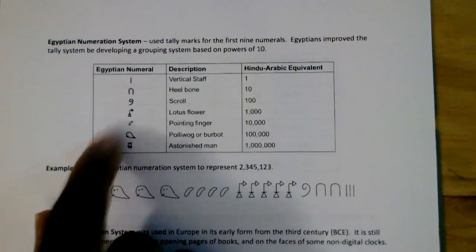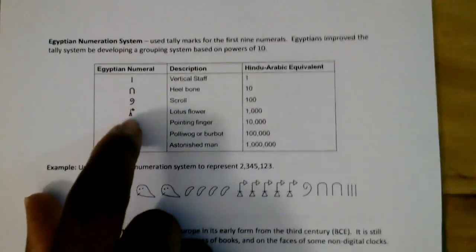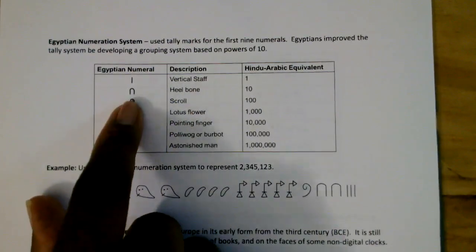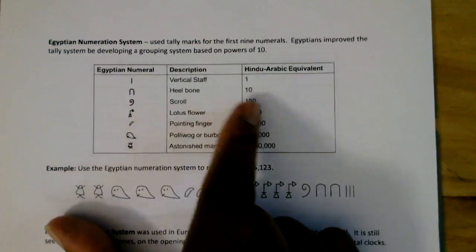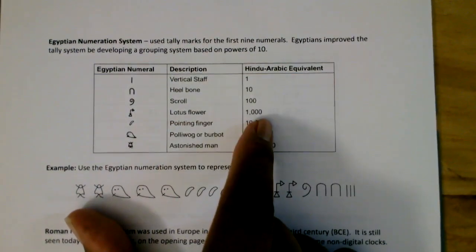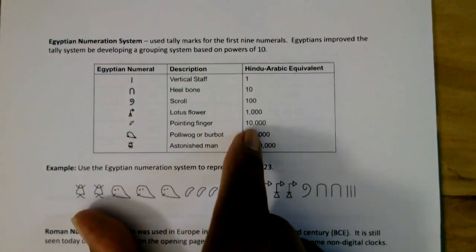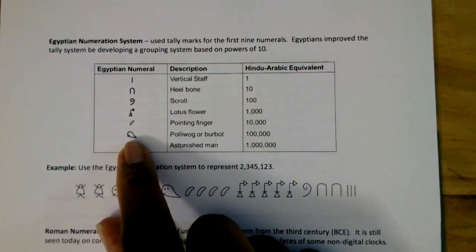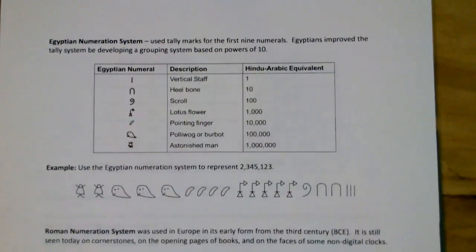The vertical staff represents the 1, and then you have the heel bone that represents the number 10. The scroll represents 100. The lotus flower represents 1,000. The pointing finger represents 10,000. The polliwog or the burbot represents 100,000, and the astonished man represents 1,000,000.